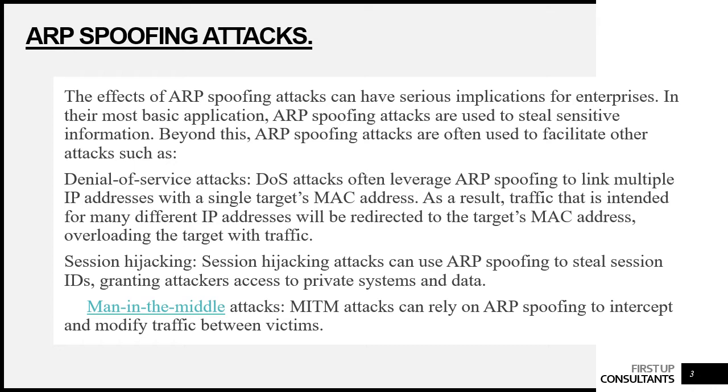Session hijacking attacks can use ARP spoofing to steal session IDs, granting attackers access to private systems and data. Then we have man-in-the-middle attacks. This type of attack can rely on ARP spoofing to intercept and modify traffic between victims.